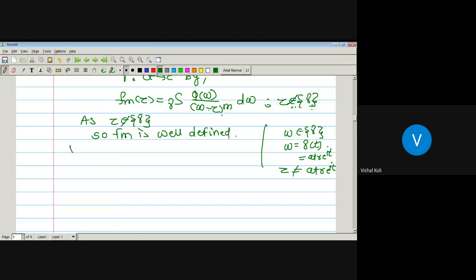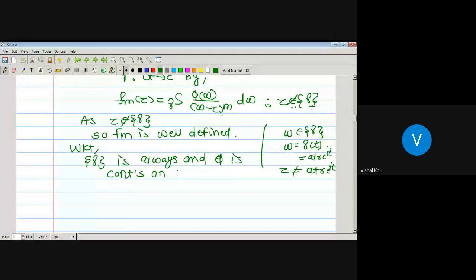And we know that trace of gamma is always closed and bounded. As it is closed and bounded, it must be compact. So trace of gamma is always compact, and also here we are given phi is continuous on this trace of gamma.